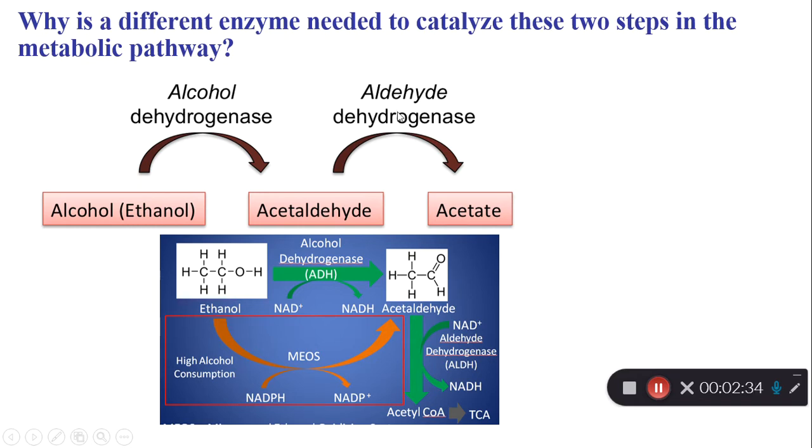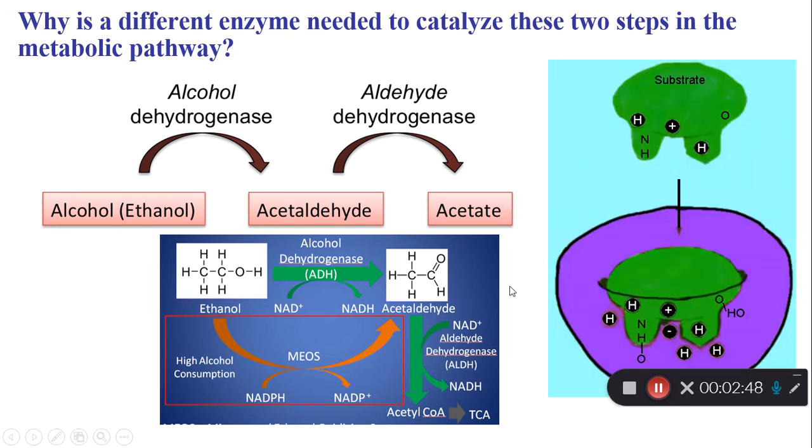And so each enzyme has a specific active site that will only fit with very specific substrates. So we need two enzymes to get to acetate from alcohol, and we have to go in a two-step process to get all the way there. And again, remember that this is intermolecular interactions facilitating this process.